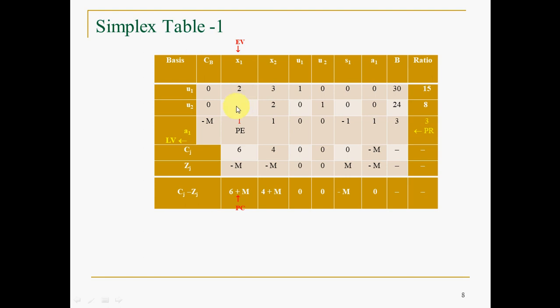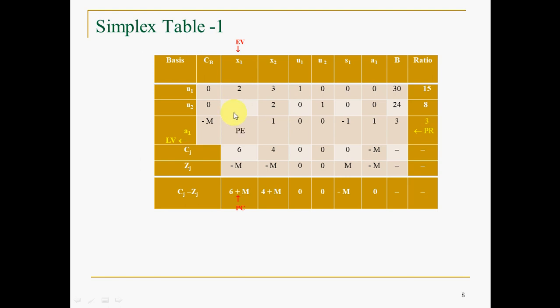That's what we discussed in the simplex table. The mechanism of working is the same except for this M or artificial variable. Everything is very similar to the simplex method that we discussed in the previous session. Now, while moving from simplex table 1 to simplex table 2, I'll recall 3 points here. You have to replace this LV with EV.